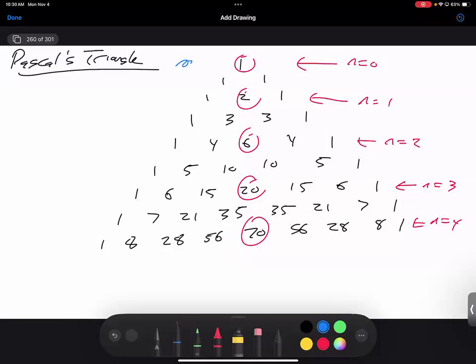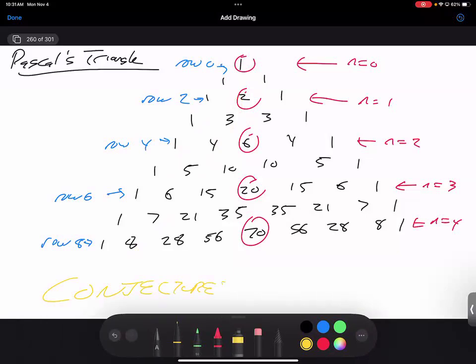And this is row 0, row 2, row 4, row 6, row 8. You can easily tell what row it is by looking at these numbers here. So what do you conjecture? The sum, k goes from 0 to n, of n choose k squared, what would you conjecture?